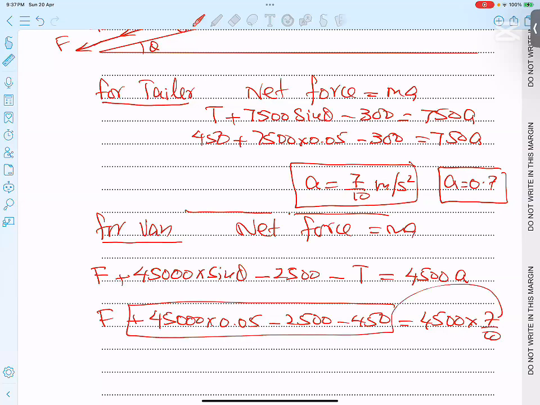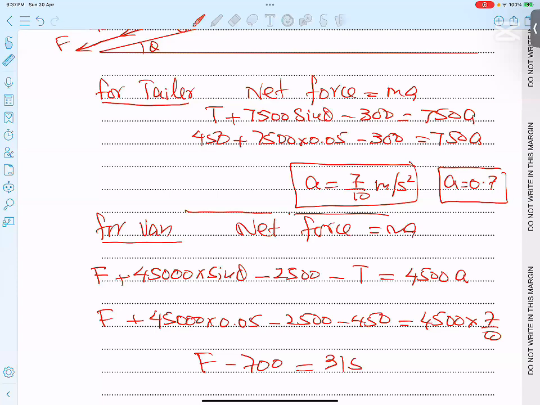So first of all, I am typing in the calculator 45000 into 0.05 minus 2500 and minus 450. And I'm getting negative 700. So 4500 into 7/10, I got 3150.